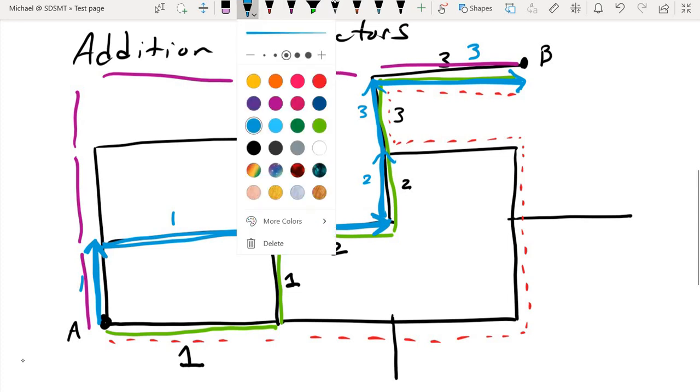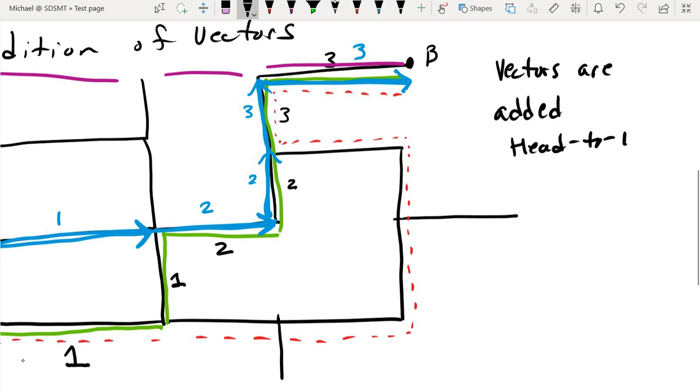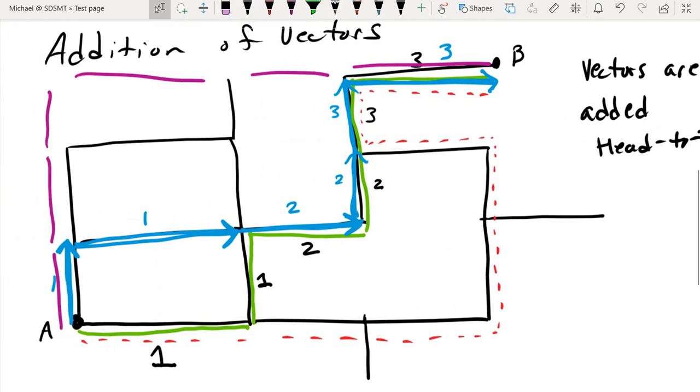And the number one rule for vector addition is that vectors are added head to tail. And so that's exactly what we're seeing happen here.